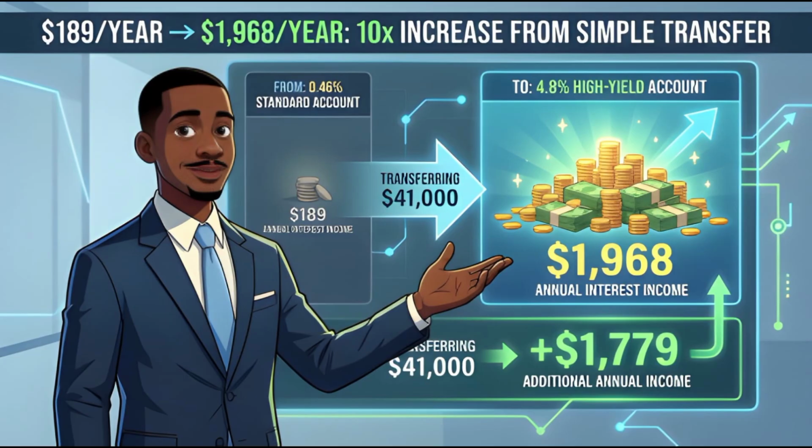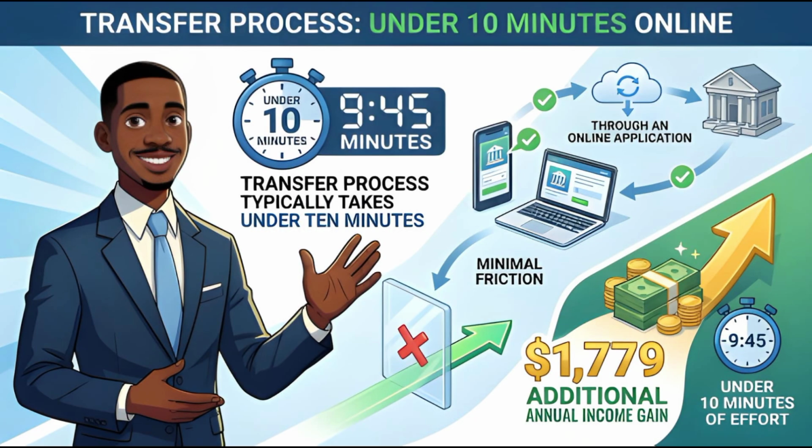Transferring $41,000 from a 0.46% account to one yielding 4.8% increases annual interest income from approximately $189 to approximately $1,968. The transfer process typically takes under 10 minutes through an online application.